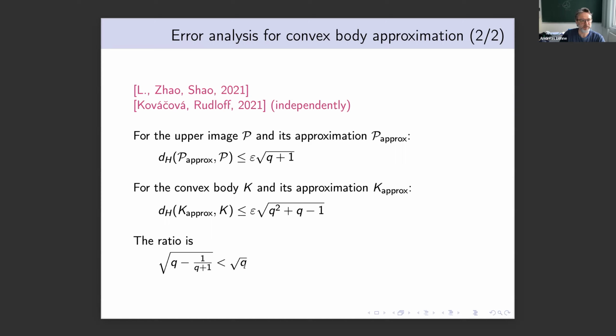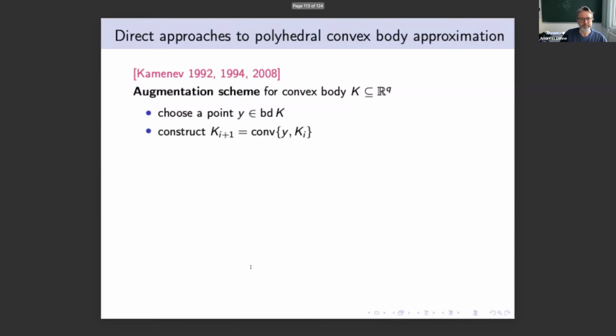So roughly speaking, the approximation error is bigger by the factor square root q. This is not so nice, but on the other hand, it's a moderate increase, since usually the dimension is not so high in problems that we can solve.